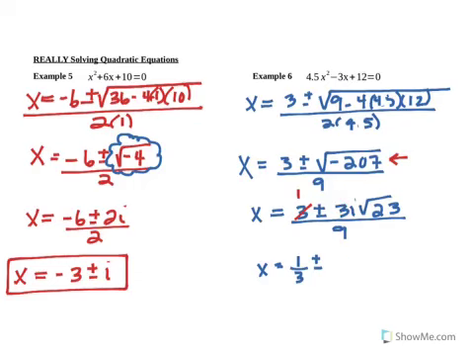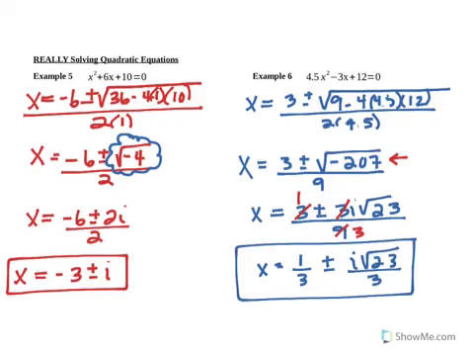Let's go back for 1 second. There we go. We're going to do this. And we're going to get 1/3 plus or minus i root 23 all over 3. And because these aren't real numbers, we can't put them into decimal approximations, so we just leave it just like that.